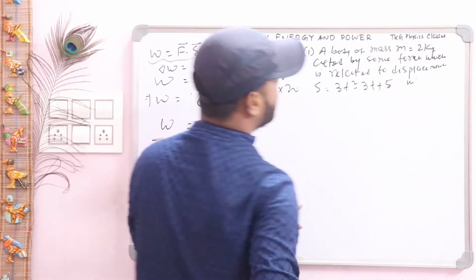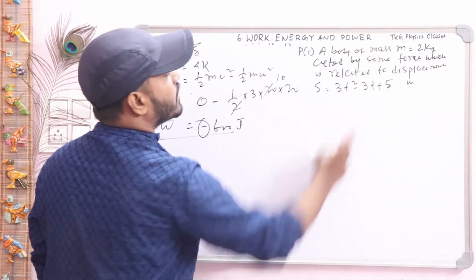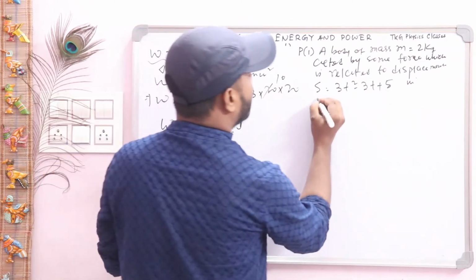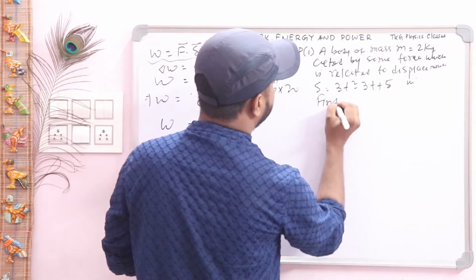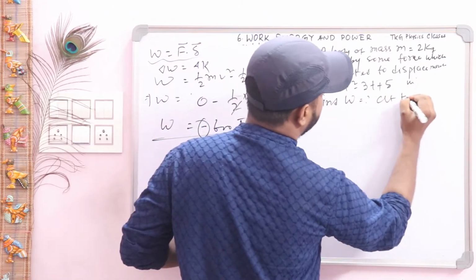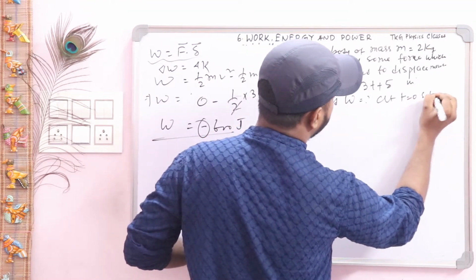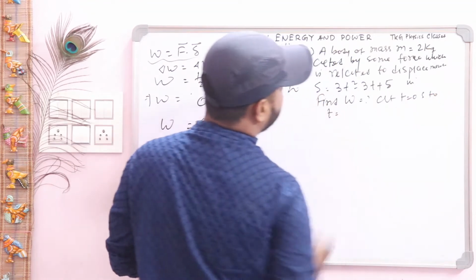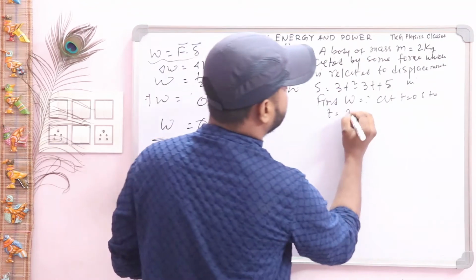The displacement is given in meters, 3t square minus 3t plus 5. You have to find out the work done from time t equal to 0 seconds to t equal to, suppose, 2 seconds.